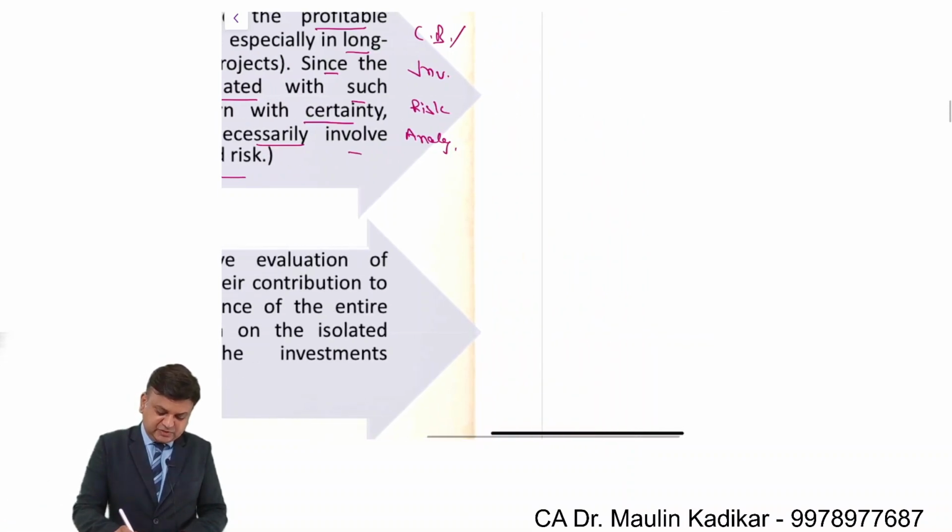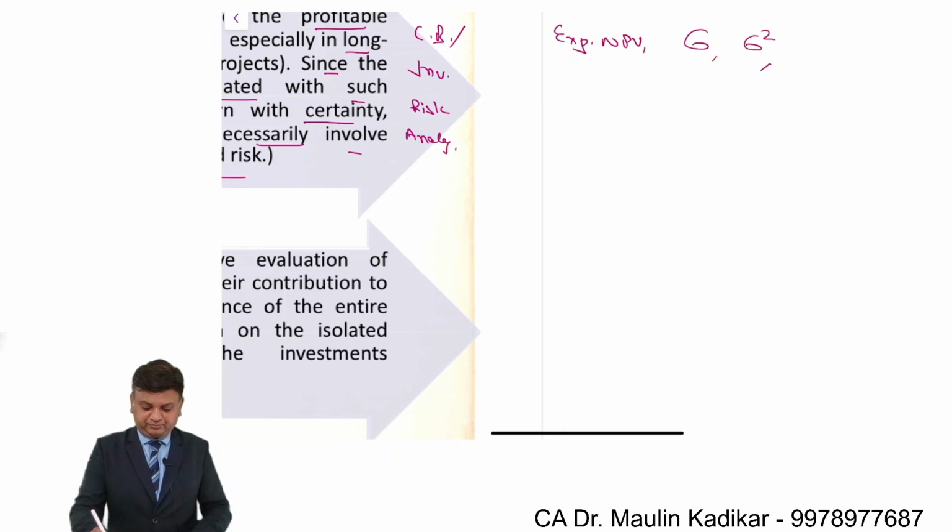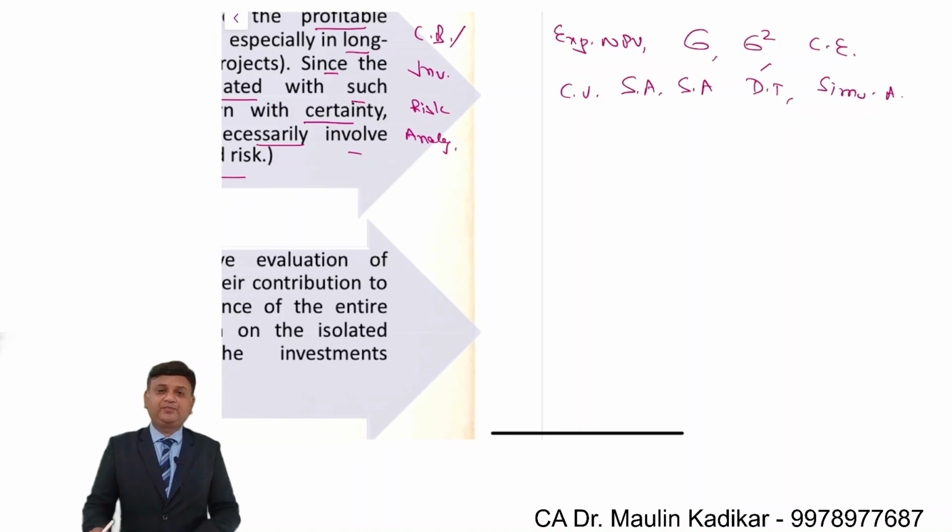Wherein we have the expected NPV, we have standard deviation, we have variance, then we have certainty equivalent factor, coefficient of variation, sensitivity analysis, scenario analysis, decision tree, simulation analysis, all those things.